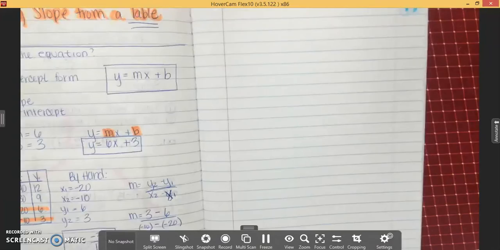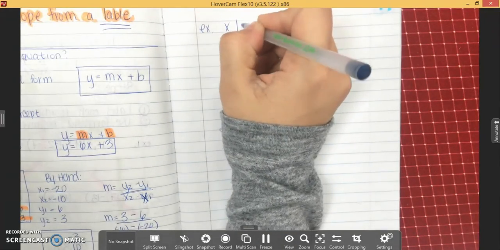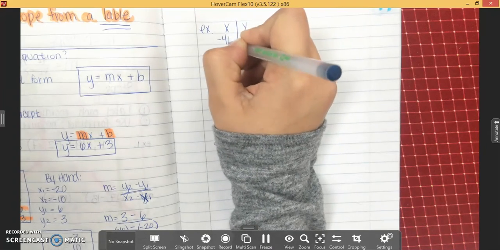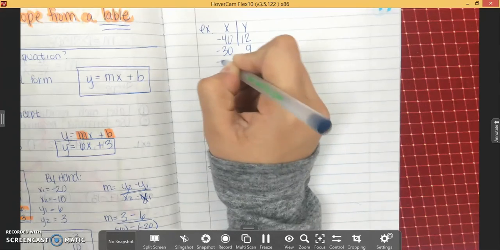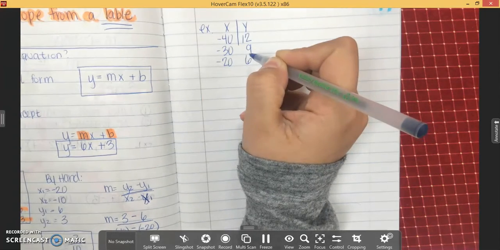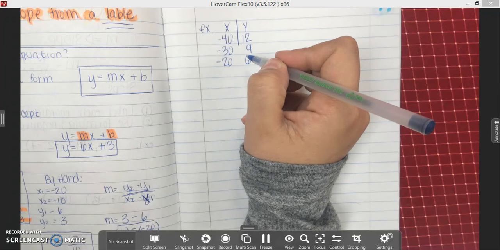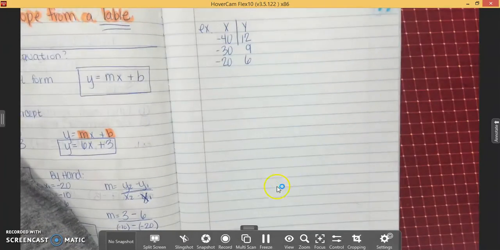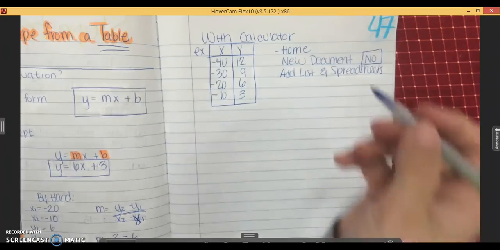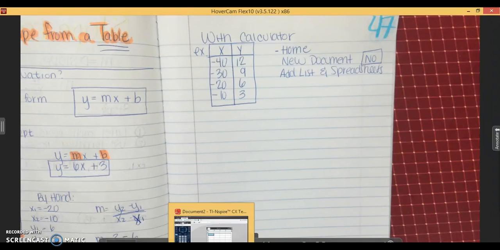I'm going to show you how to use the calculator to do the same example. I want to show you both ways so that you can use the one you are most comfortable with. The first thing you're going to click on is going to be Home. So go ahead and grab your calculator and follow along with me.